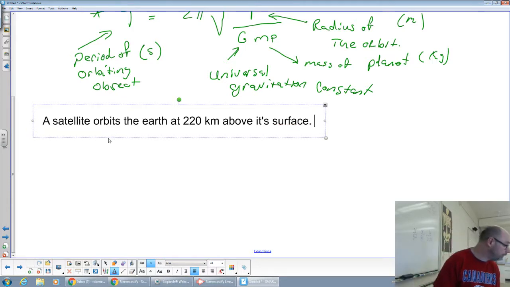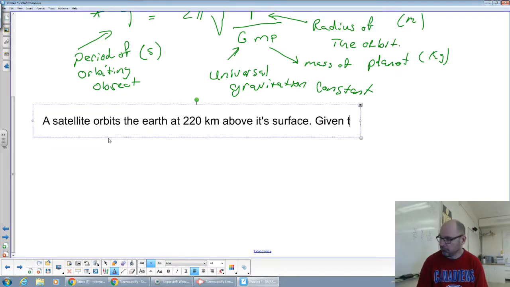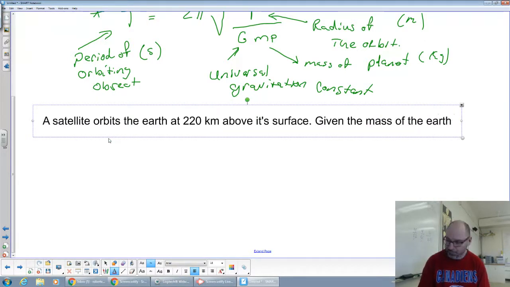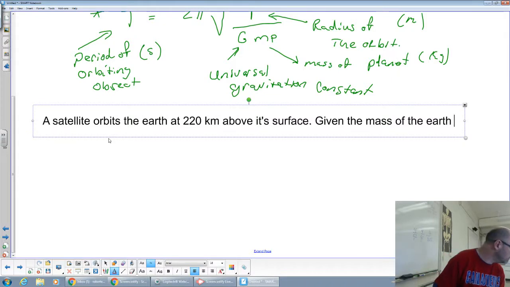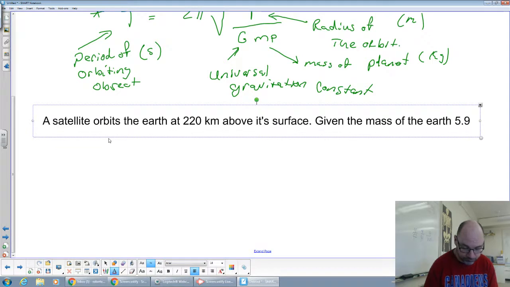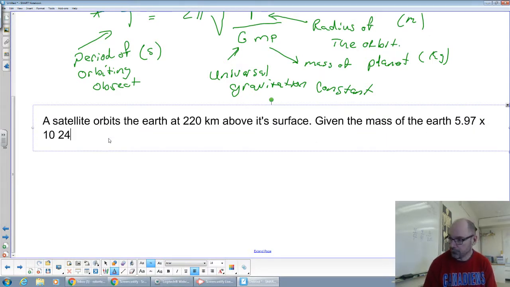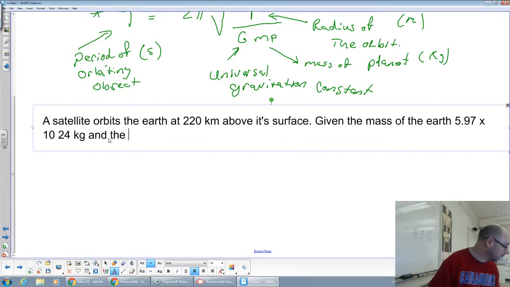Given that the mass of the Earth, look it up, but I've got it here in my book, is 5.97 times 10 to the 24 kilograms. And the radius of the Earth, or does it say diameter?